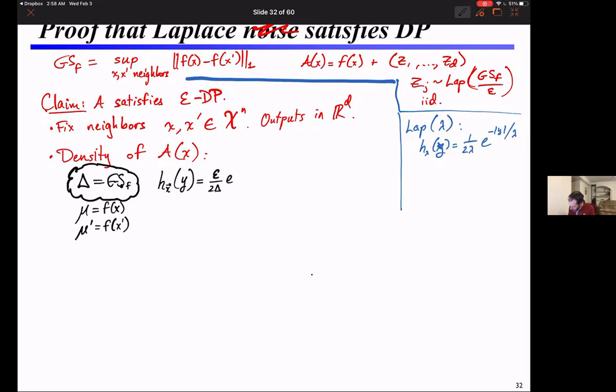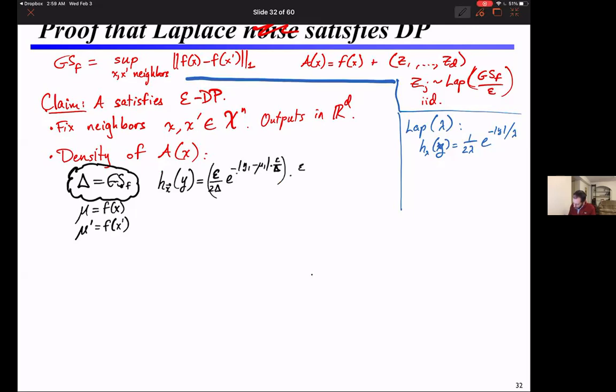So the first term is for the first component of y, and so it's going to be based on the difference between the first component of y and the first component of mu, times epsilon over delta. Okay, so this is the contribution to the density that comes from the first component, and it's based on how far y1 is from mu1.